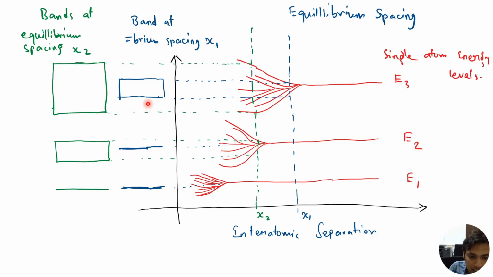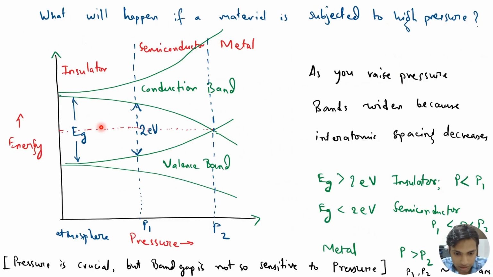The band gap decreases when the interatomic separation decreases. So if you compress a solid and reduce that interatomic separation, your band gap will start to decrease.